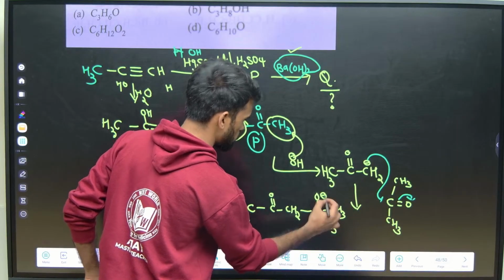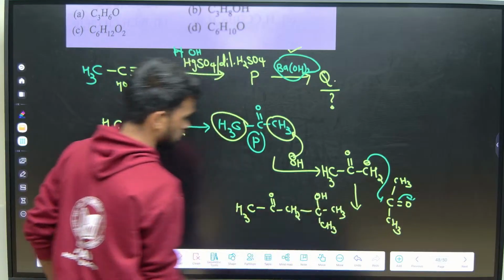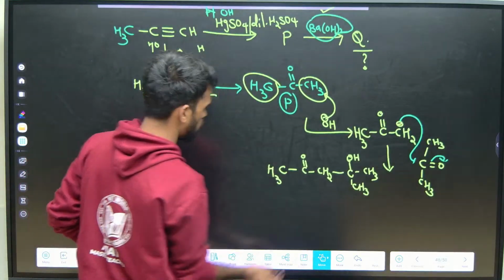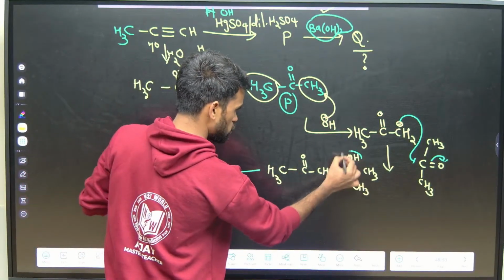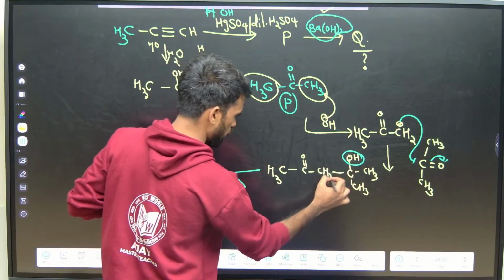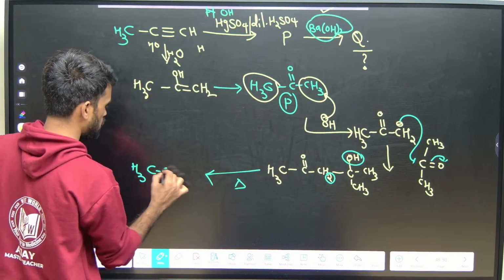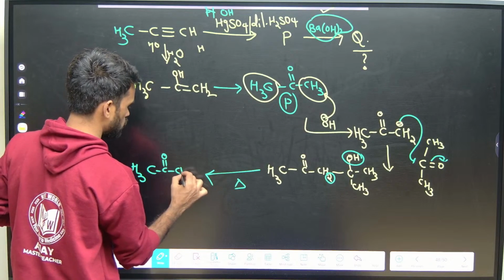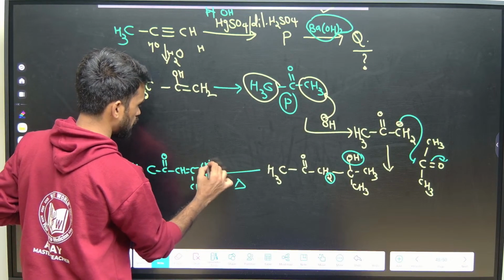This kind of product will be formed and here hydrogen will be added, so a beta hydroxy carbonyl compound is produced. Upon elimination of water by heating, this OH and this acidic hydrogen will be removed, so that you will get an alpha beta unsaturated carbonyl compound. Like this you will get the product.